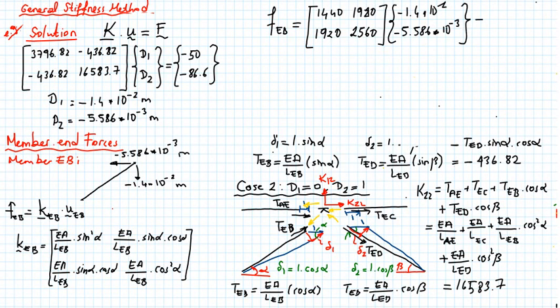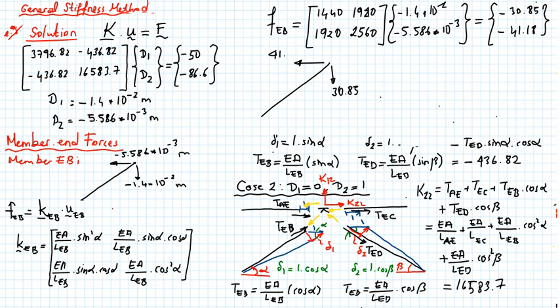And when you evaluate that, the forces that we obtain are minus 30.85 in the vertical direction, minus 41.18 in the horizontal direction. So I have 30.85 in the vertical, 41.18 in the horizontal.